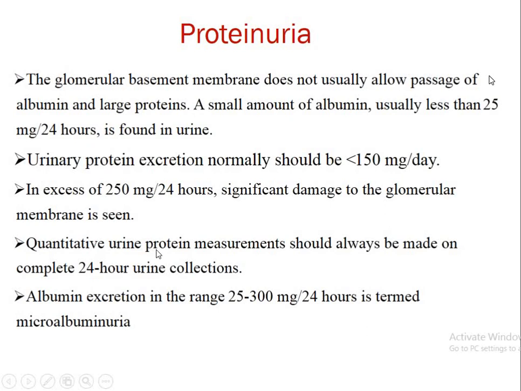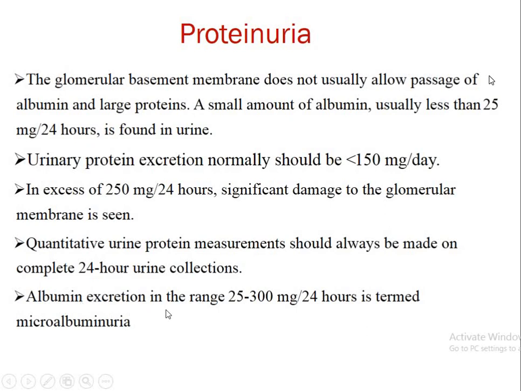So quantitative urine protein measurement should always be made on a complete 24-hour urine collection. Whenever you want to know the magnitude of proteinuria, you should measure it in the 24-hour urine sample. You will ask the patient to collect the 24-hour urine. Then that collected urine is assessed for the protein concentration.